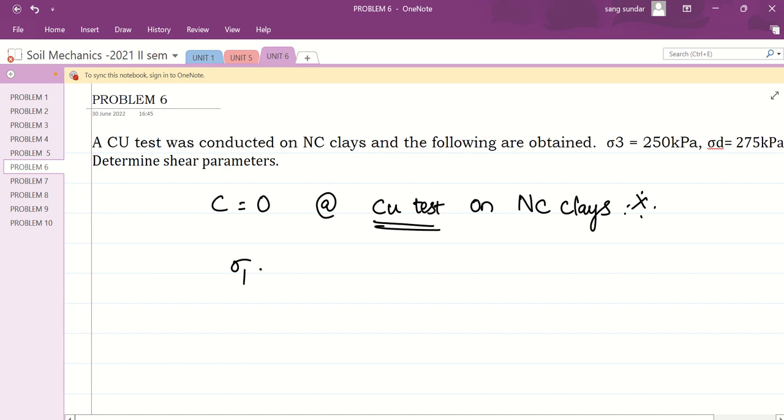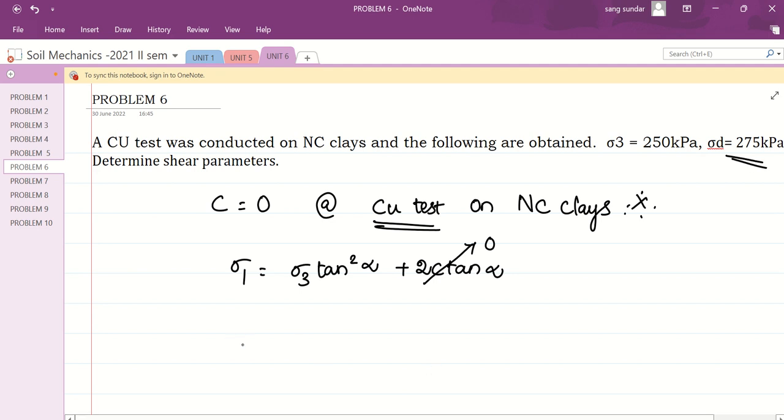So sigma 1 is equal to sigma 3 tan square alpha plus 2c tan alpha, right? Our relationship. So here C is 0, so we don't have the second term on the RHS. So what is sigma 1? Sigma 1 is not directly given, instead sigma D is given.